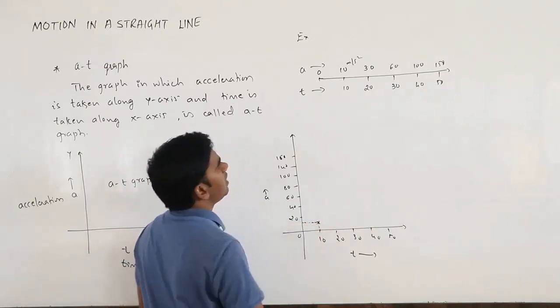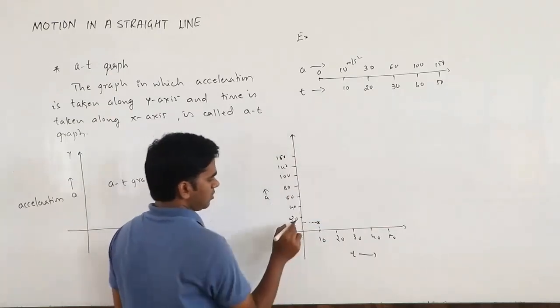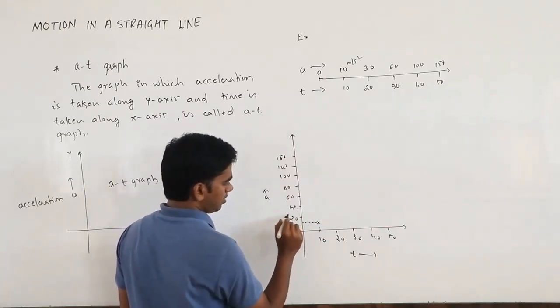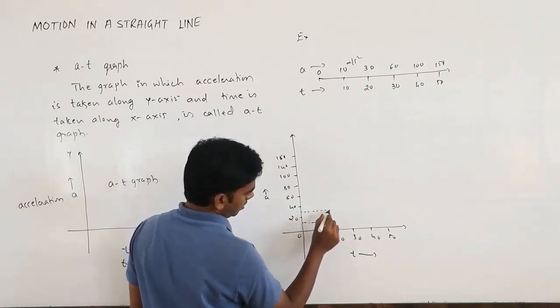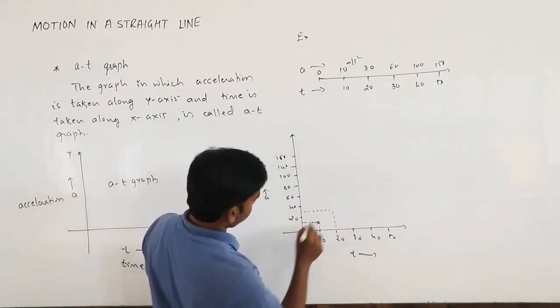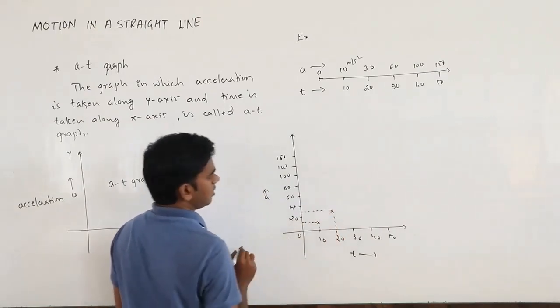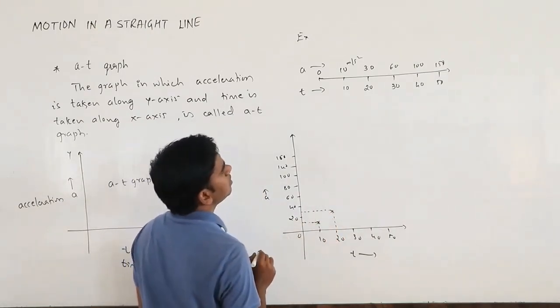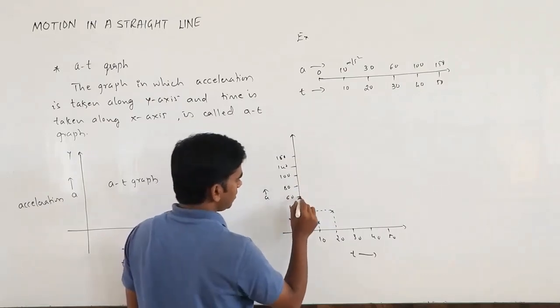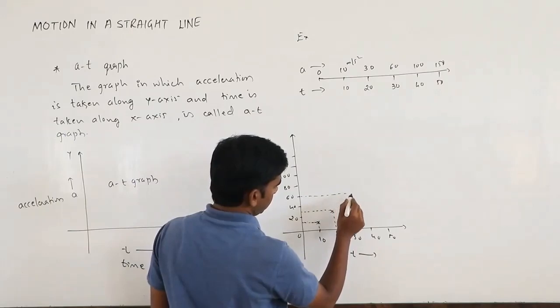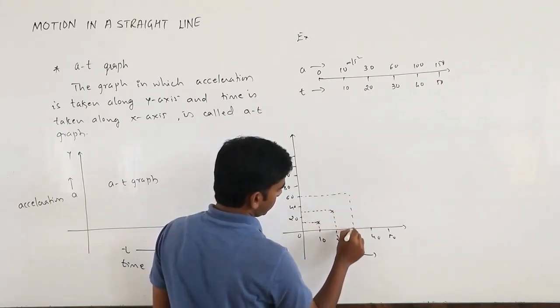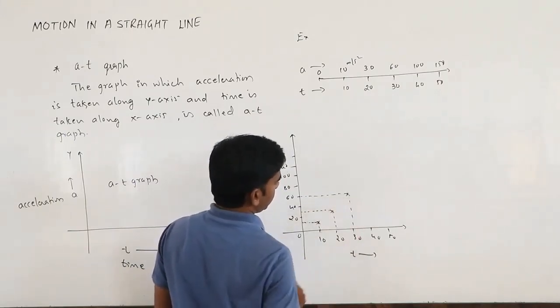Then for 20, it is 30. So 30 will come between 20 and 40, somewhere here. This is one more point. Then for 30, it is 60.